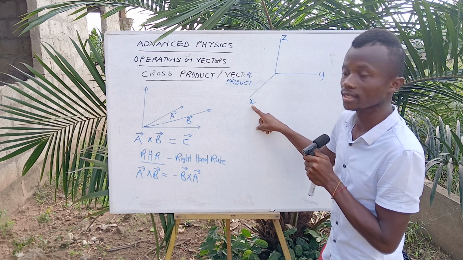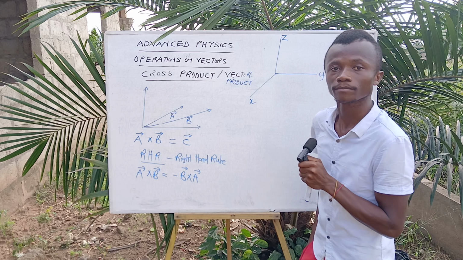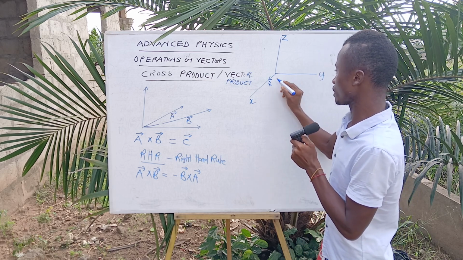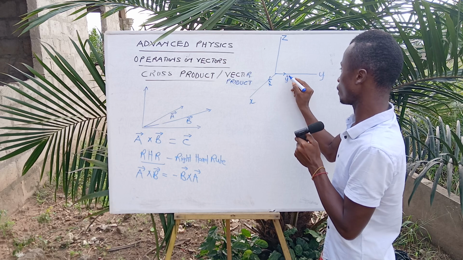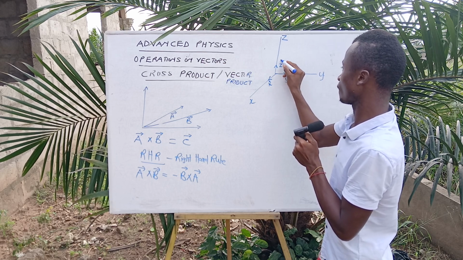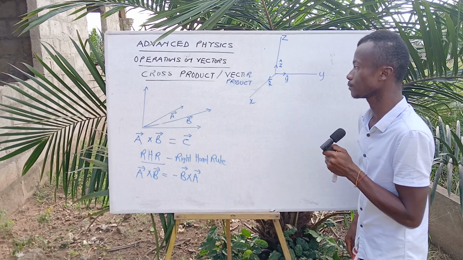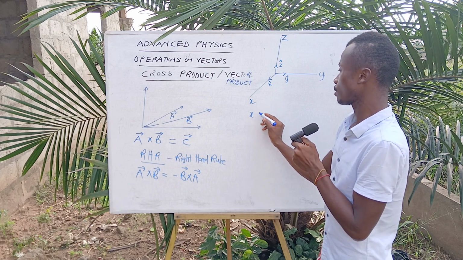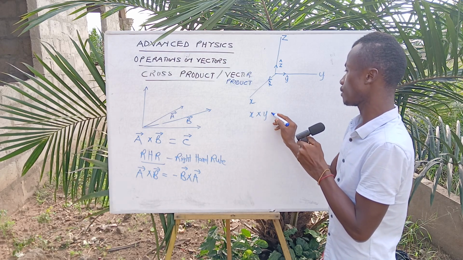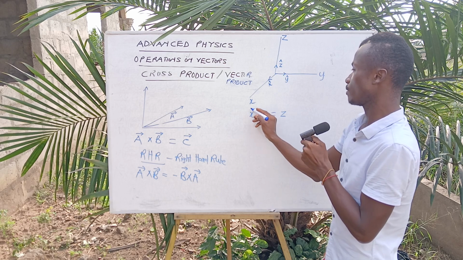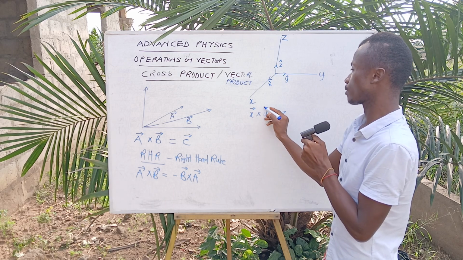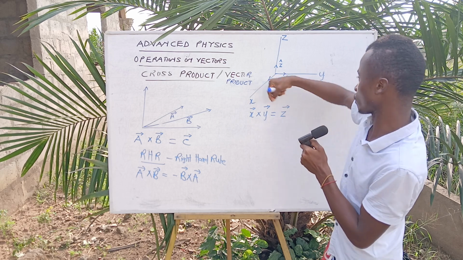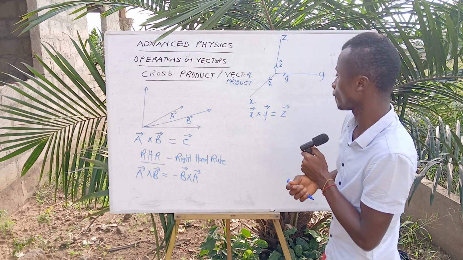We have x-axis, y-axis, and then the z-axis. The unit vectors in these axes are x roof, y roof, and then z roof. And already it has been established that x cross y will give you z. Every vector x cross vector y will give you vector z. So clear, x cross y will give you z.